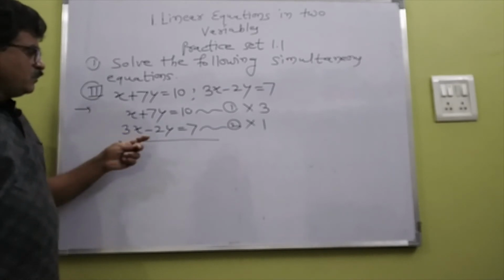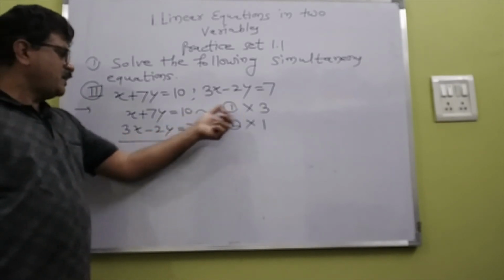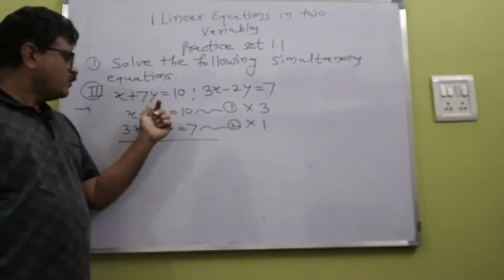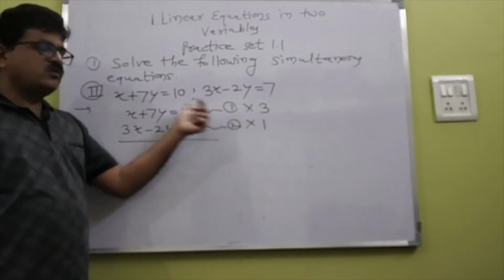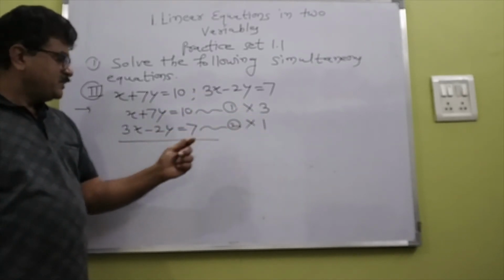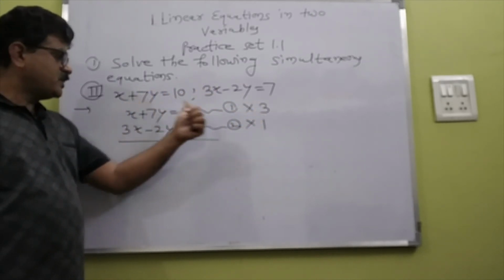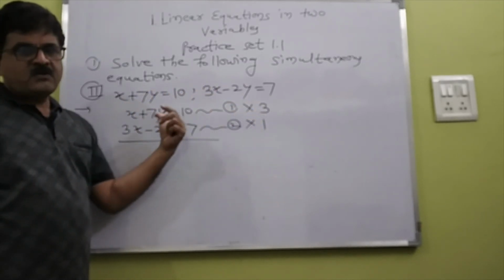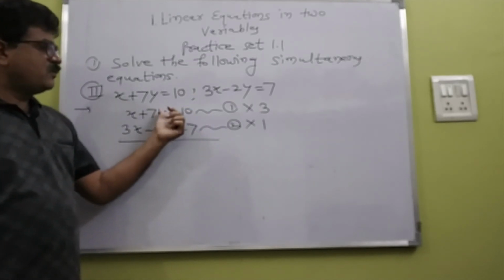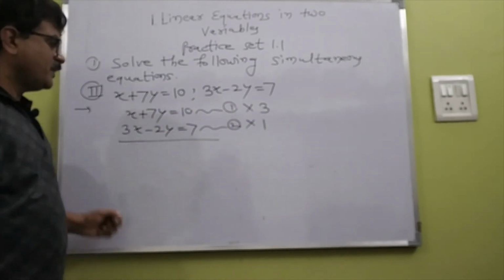Or we can multiply equation 1 by 2 and equation 2 by 7. Whichever way we multiply by the coefficient of x here, we have to do the same here. Or we can multiply by the coefficients of y.